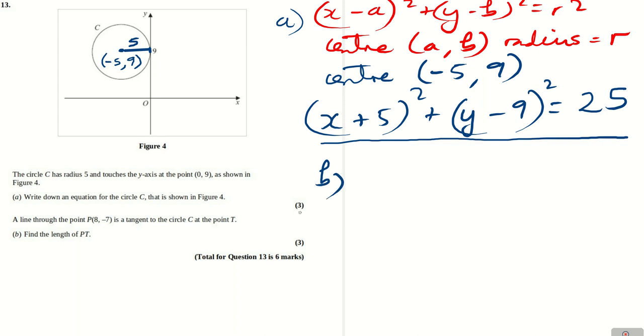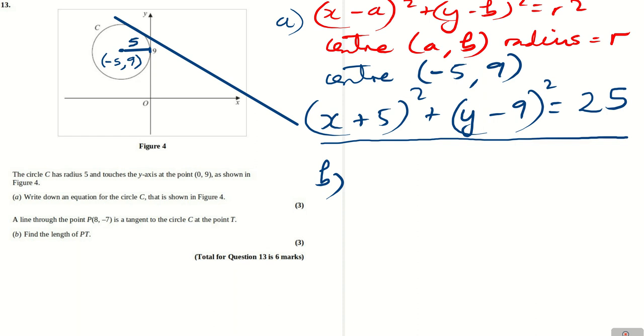Right, part B. A line through the point P at (8, -7) is a tangent to the circle at the point T. Find the length of PT. Okay, so what it's telling us is that we've got a tangent at this point T. Let's say it's there, and then we've got a line that comes in like that. This is the tangent, and it goes to the point P, which is the point (8, -7).